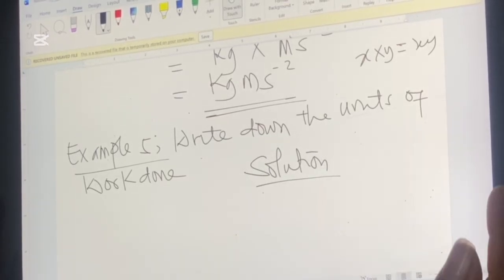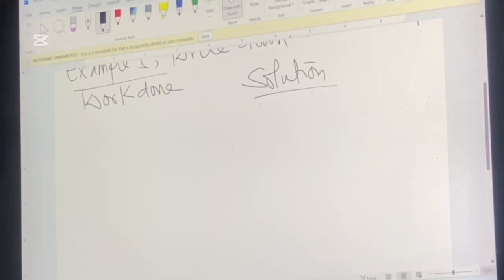Remember, the first step is to write down the formula. So let's write down the formula for work done. But there's something I want to tell you here. Work done and energy are the same. So if you're asked to write down the unit of energy, it is the same thing as work done. Please take note.